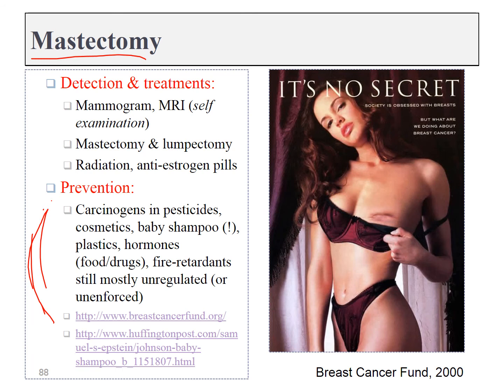Simply rapidly dividing epithelial cells are going to make mistakes in DNA replication that are going to lead to breast cancer at some point, which may require removal of that breast tissue by mastectomy, or removal of just some of the breast tissue by lumpectomy, possibly followed by radiation or chemotherapy.